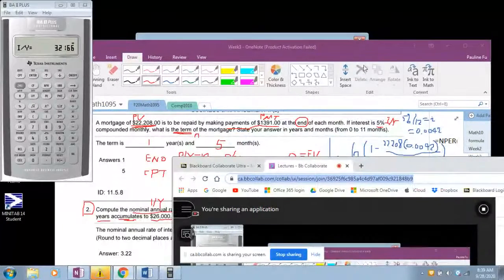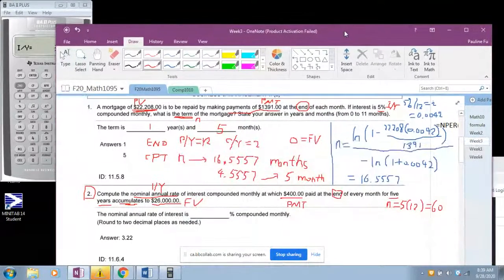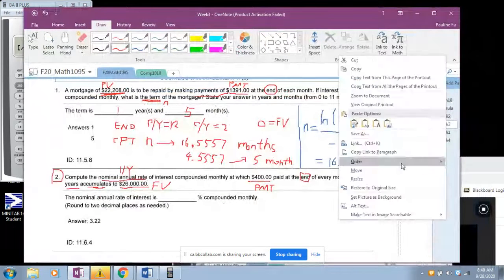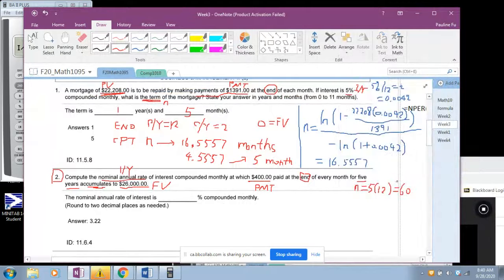I strongly suggest you go over those 2 questions, because those questions represent how you calculate the term N. Remember the Word document I showed you, where I gave you the examples.